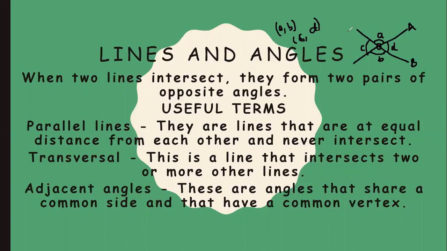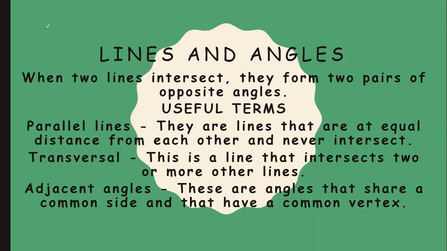Is that clear? Now, the next thing we want to consider is the useful terms in lines and angles. The first thing I want to consider is parallel lines. Now, the question is, what are parallel lines? Parallel lines are lines that can never meet, no matter how long they are drawn.